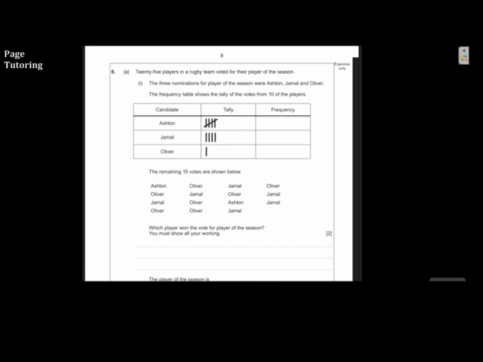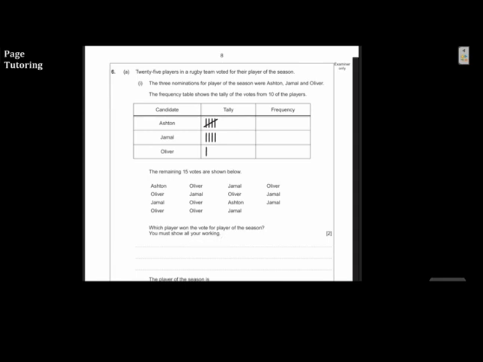So 10 people voted, there's 3 people who they could have voted for, and this shows which player they voted to be the player of the season. So the remaining 15 votes are shown below. So we've got like a nice list of the names that people have voted for. Which player won the vote for player of the season? You must show all your working out.